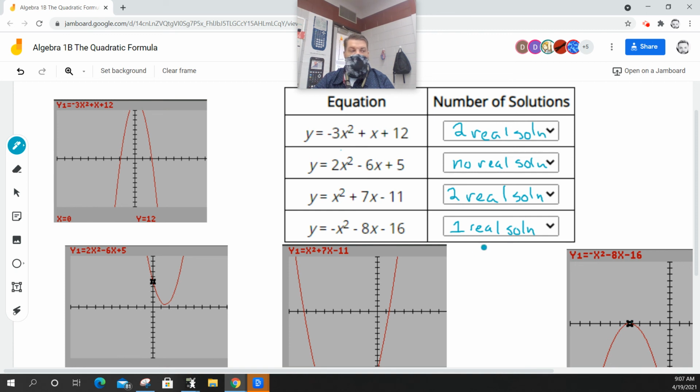But I'm going to tell you to put down one real solution. If we were to solve this thing, we would get x equals -4 and x equals -4. But it has one real solution because both of the solutions are the same number. All right. That's it for that one.